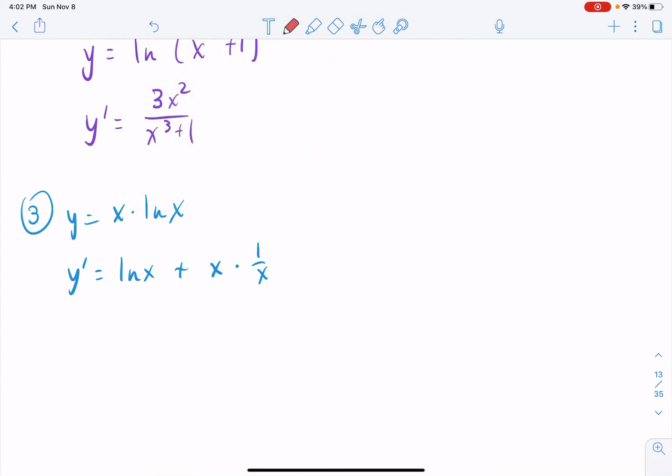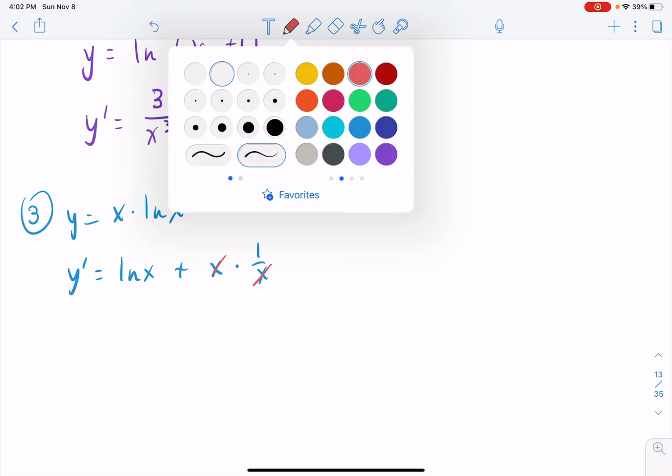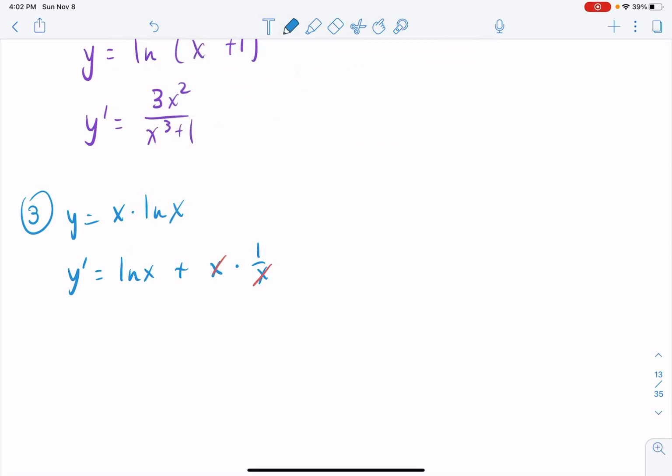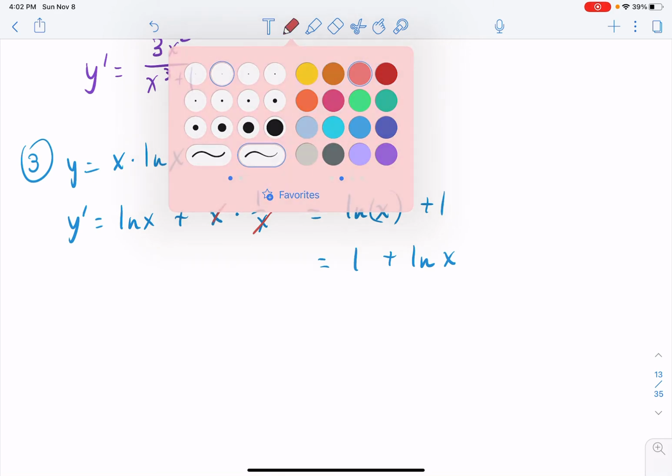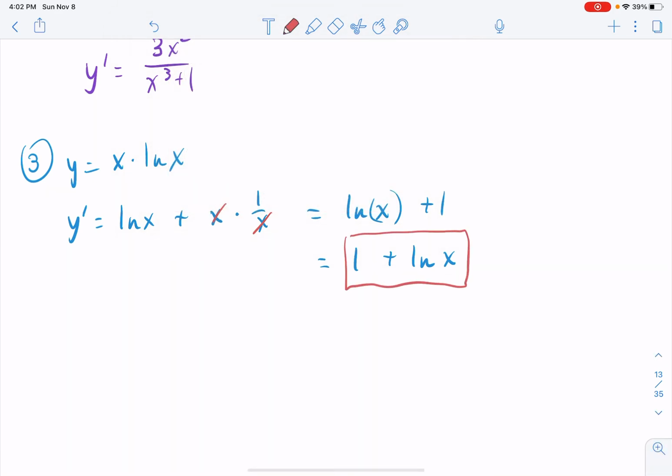Hey, it's time for the cancellation crayon again, and cancel out these x's to just get 1 left over. All right, this is kind of confusing notation, natural log of x plus 1. Where's this 1? Is it inside the natural log? I guess you could put parentheses around this, or you could just throw that 1 up front and avoid some parentheses and also avoid some confusion. There we go, that looks good.